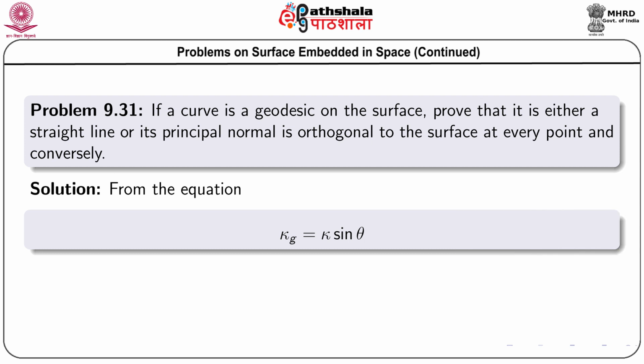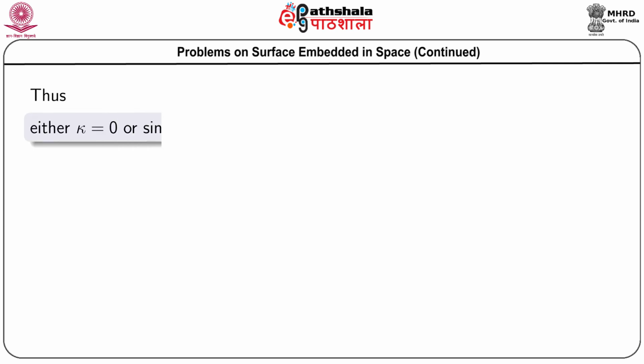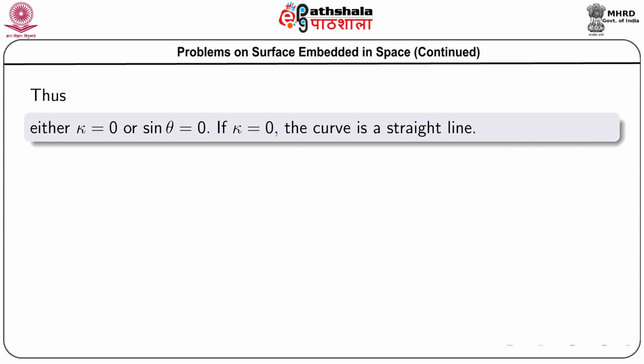From the previous equation, we get that kappa g equals kappa sin theta. Now, for a geodesic, kappa g equals 0, that means the geodesic curvature is equal to 0, that means kappa sin theta equals 0. So, either kappa equals 0 or sin theta equals 0.